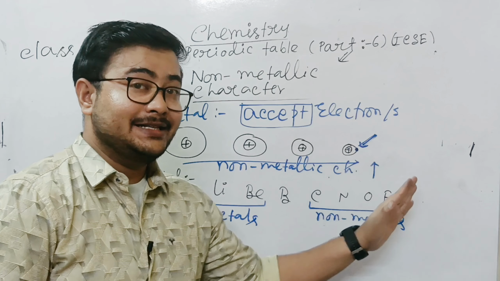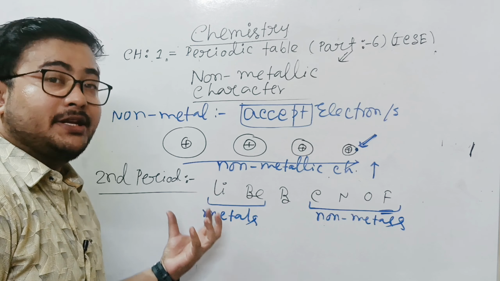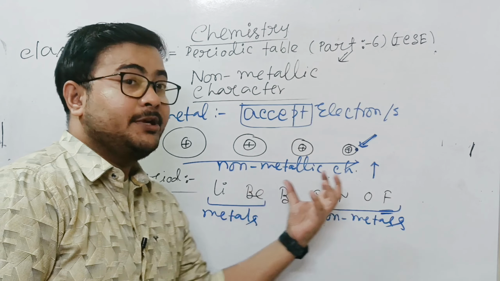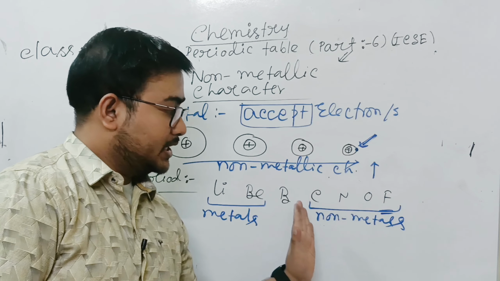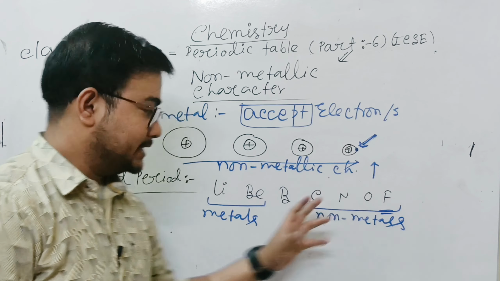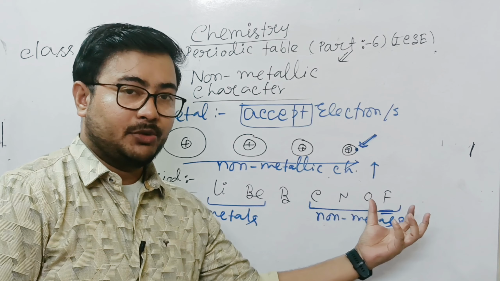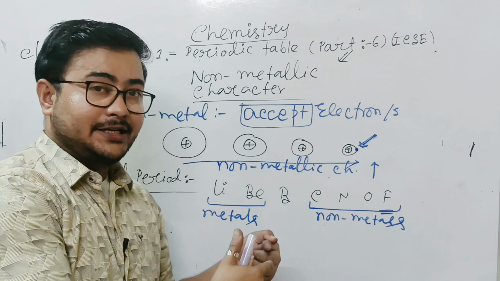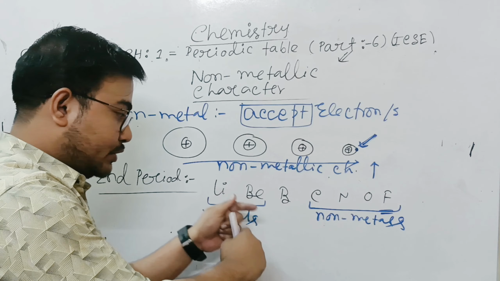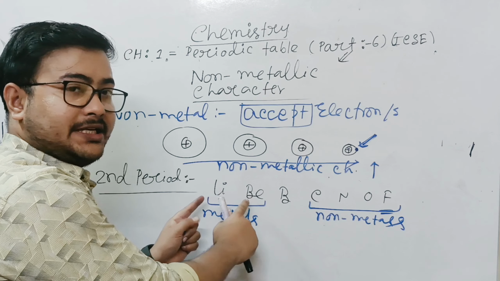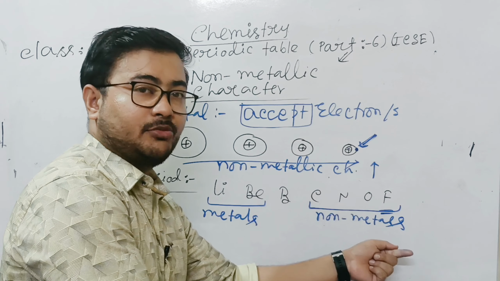So try to understand. Non-metallic character increases. So first started with metal. Slowly it becomes non-metal, because left to right non-metallic character increases. So first started with metal, slowly it becomes the non-metal, not instantly. First metal, slowly it changes its character and becomes non-metal.